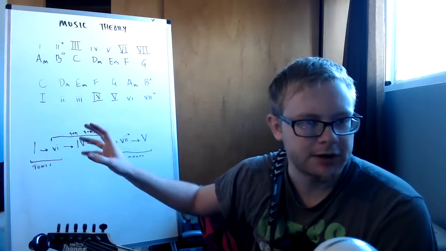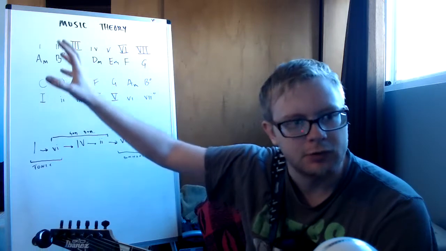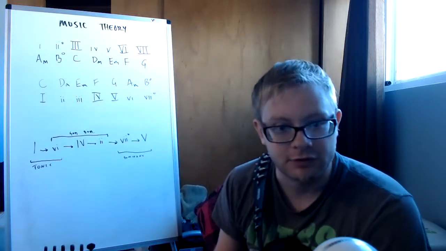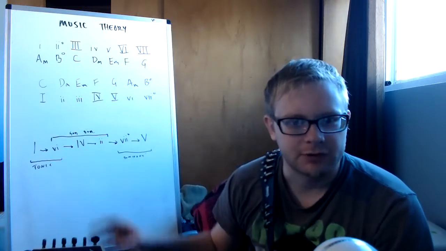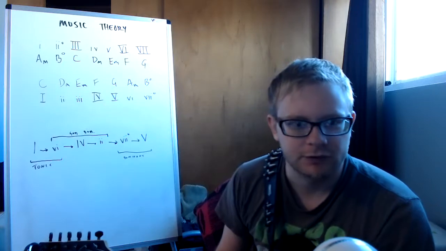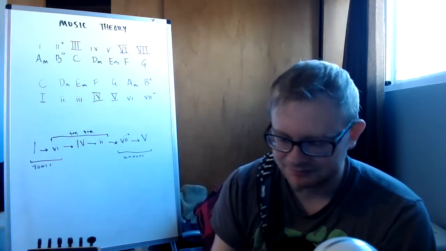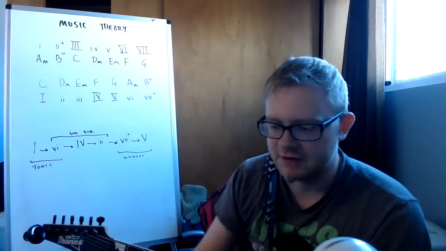Relative major, relative minor. Now, these two chords have a very strong gravitational pull. It's kind of like the earth and the sun. So you could sort of cheat your ear to pretend like the 6 is all of a sudden the sun. So I'll demonstrate this with some examples.